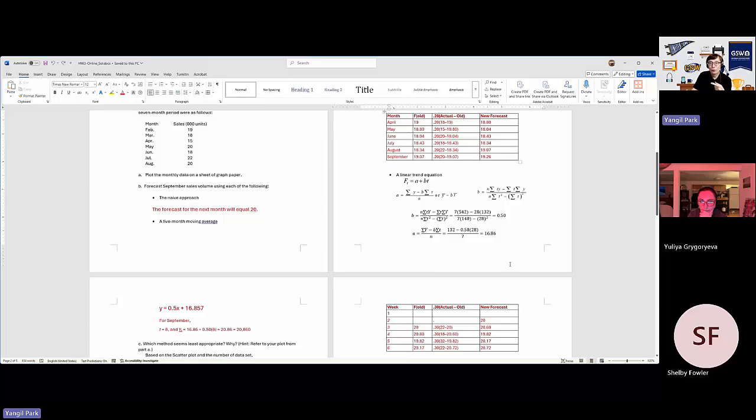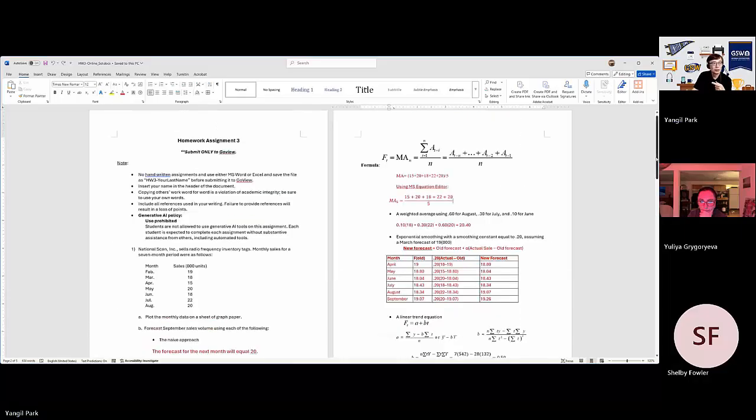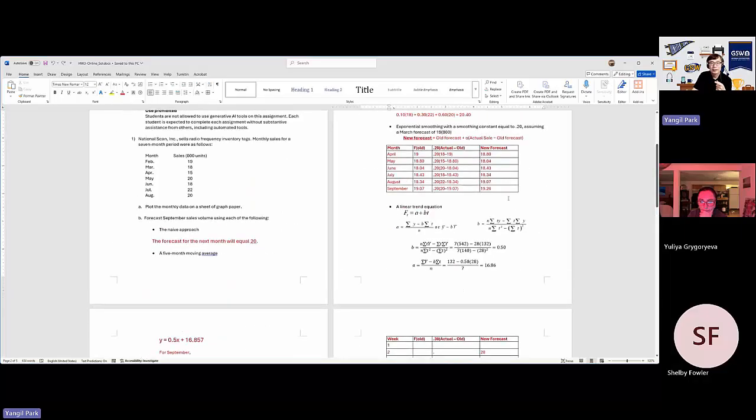one more item here to forecast is a linear relationship, a linear equation, that you probably heard about last semester or whenever you took statistics. That's one of the most important chapters, linear regression.